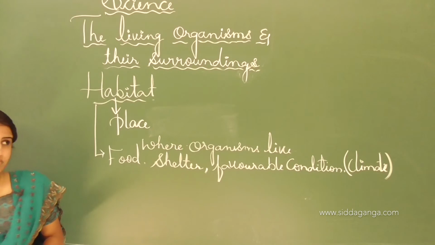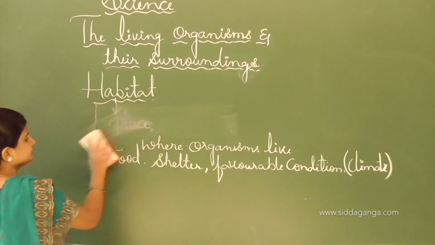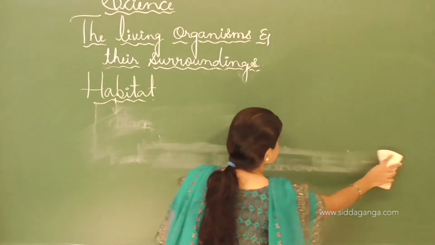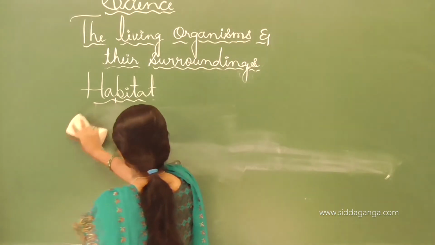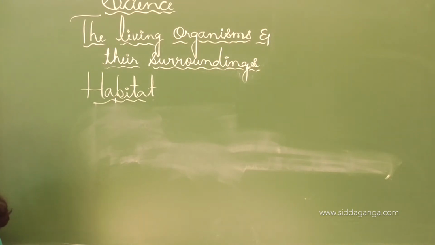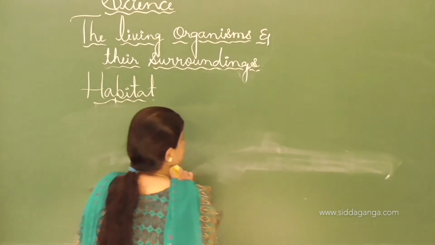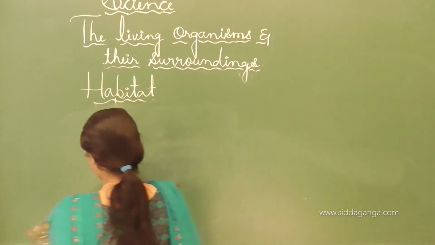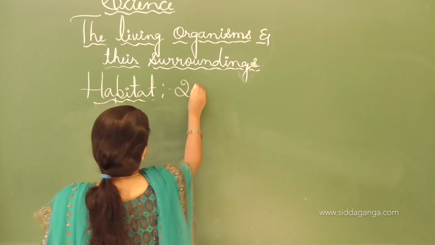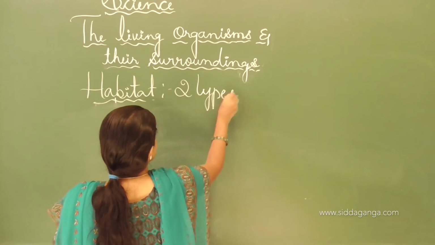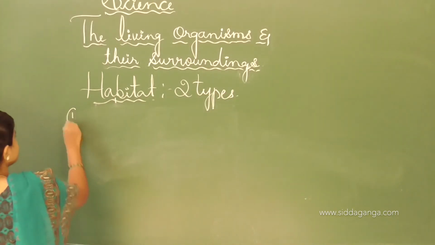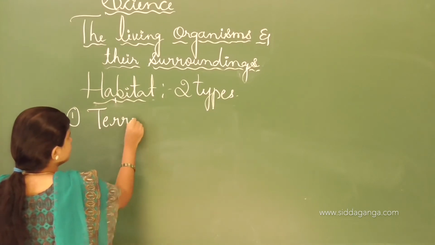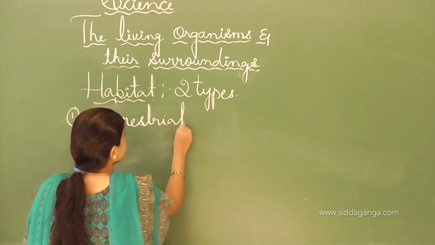Terrestrial, terra means nothing but on land. Habitat includes two types. First one is the terrestrial habitat.